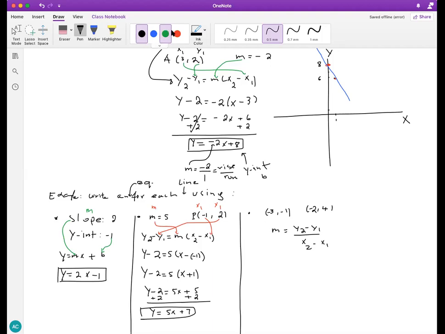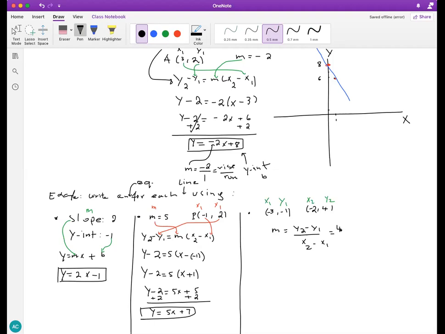As always, you can label your points. First one is x1, y1. Second is x2, y2. So we're going to plug all that into this to simplify. So y2 is here. Again, be careful when you substitute, especially if you have negatives.